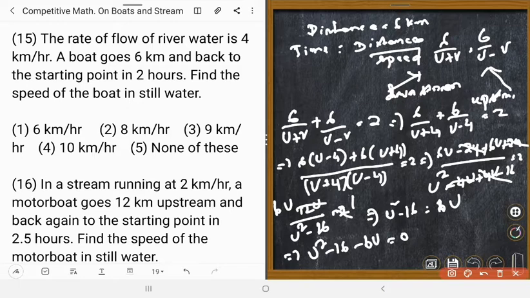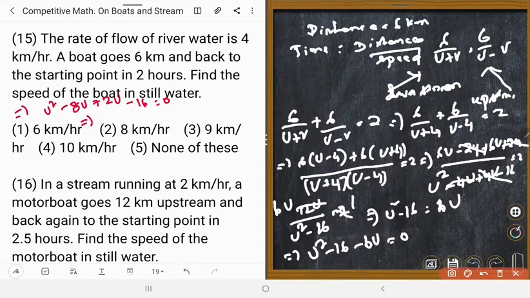So implies that u square minus 8u plus 2u minus 16 is equal to 0.